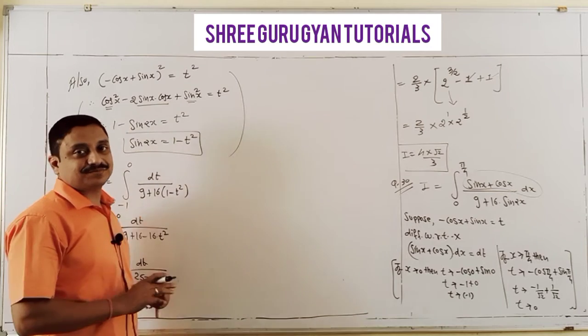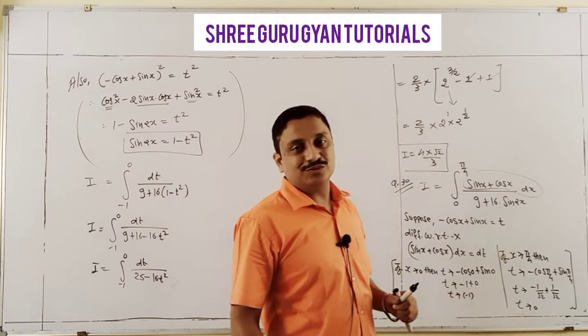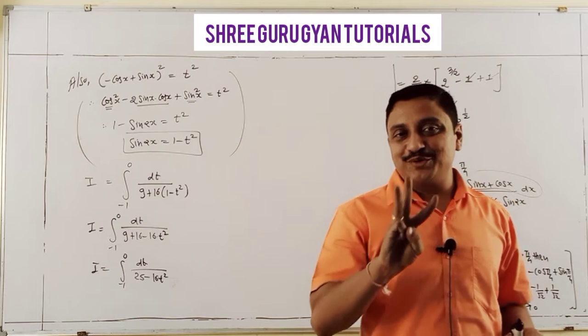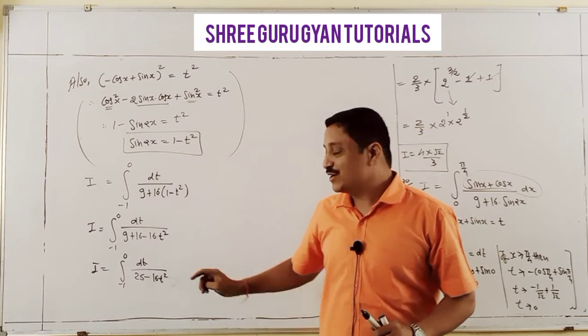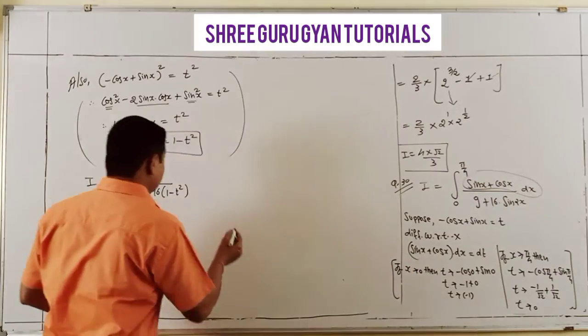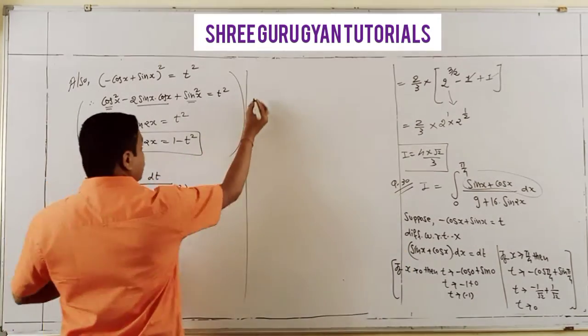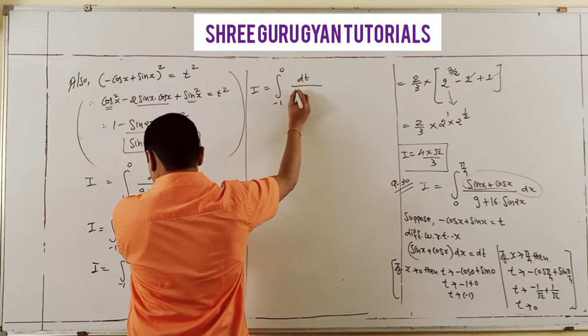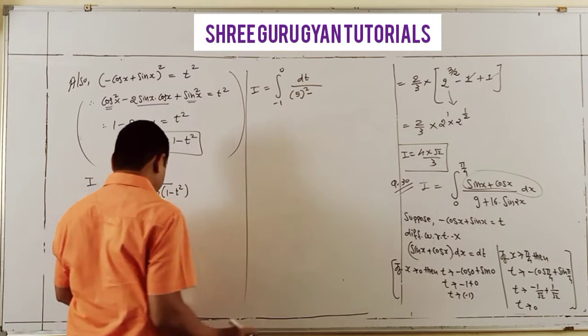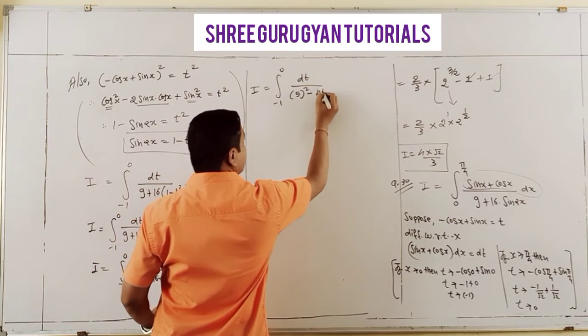Now here you think about two formulas, one without root, one with root. Yes, it is without root. So we can write this as minus 1 to 0 dt over 5 square minus 4 t square.